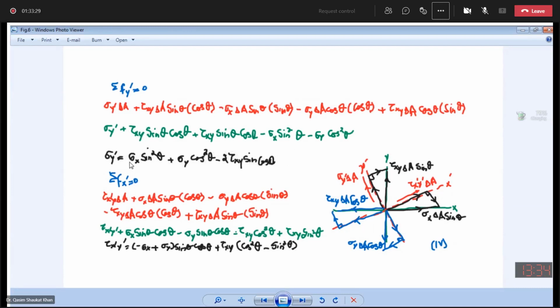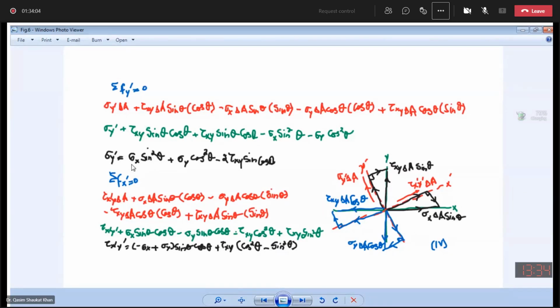Sigma y dash is equal to sigma x sine square theta plus sigma y cos square theta minus 2 times tau xy sine theta cos theta. Everyone is clear with this?